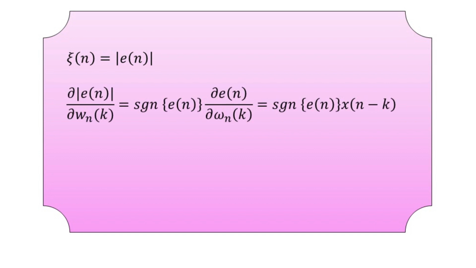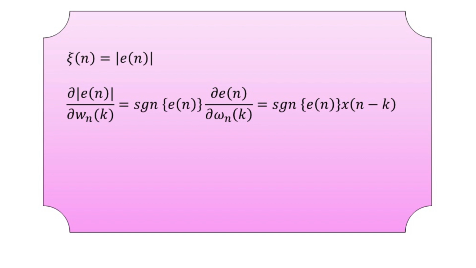For this purpose, let us take the partial derivative. The partial derivative of mod e of n with respect to w_n of k is the signum function of e of n multiplied by the partial derivative of e of n with respect to w_n of k, giving signum of e of n times x of n minus k.